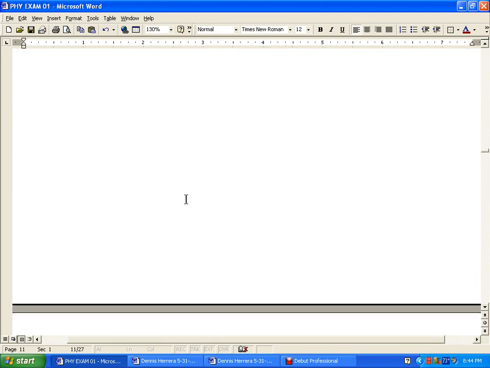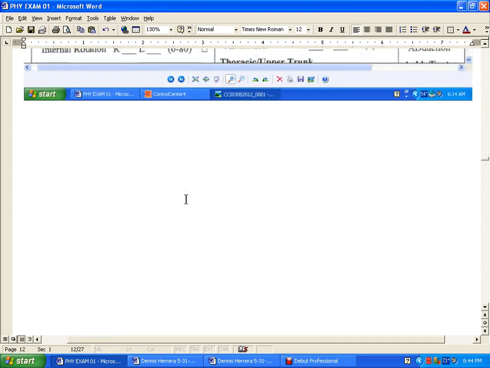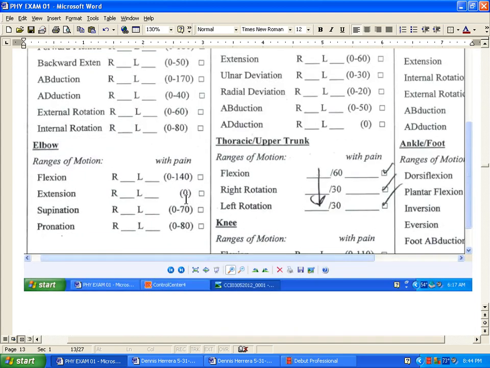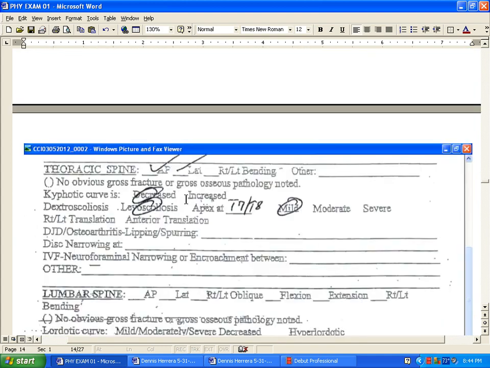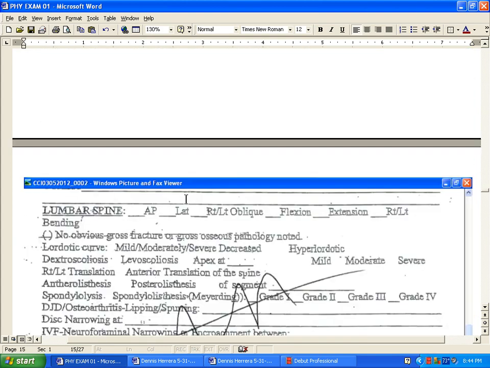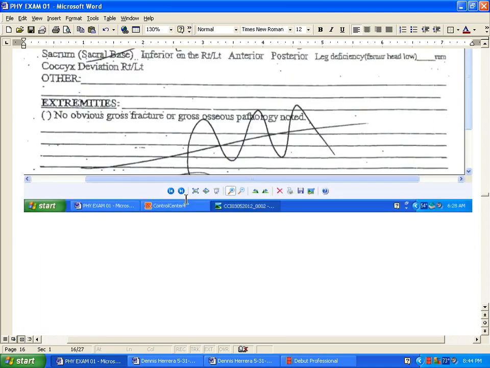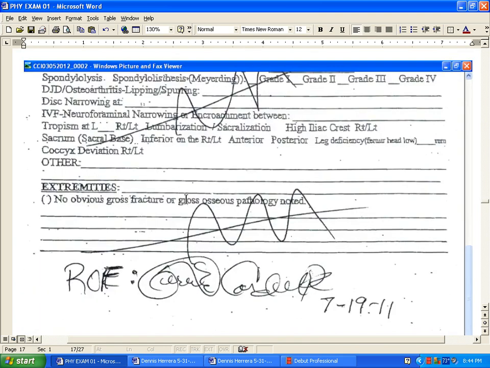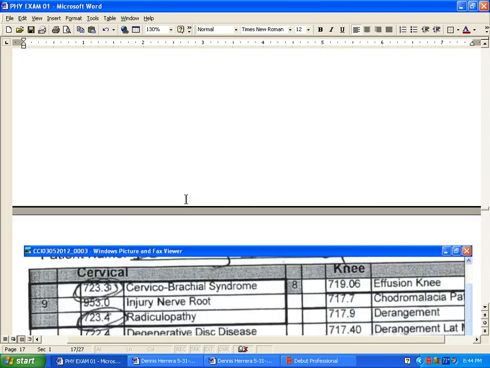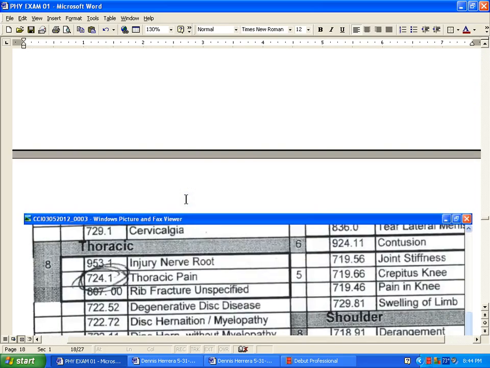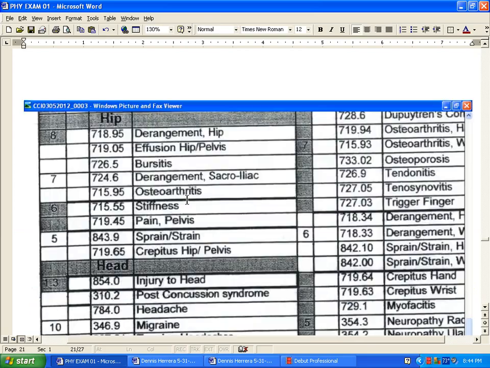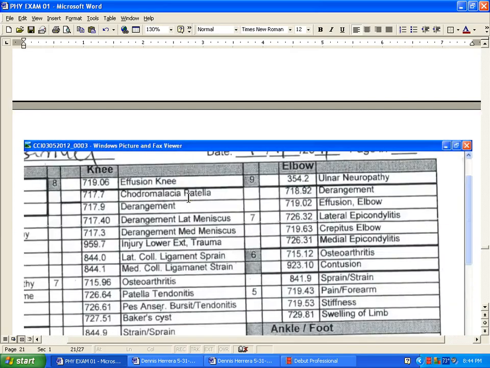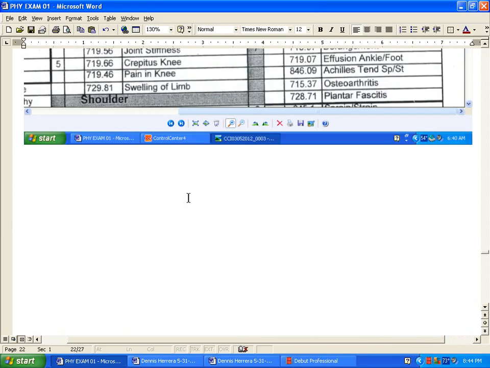Okay, I'm looking for that bottom of that page. It's probably at the end here someplace. I think that's the only shot I have at the bottom of the page.